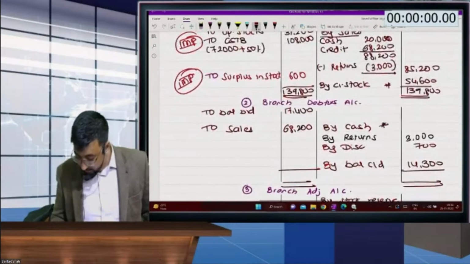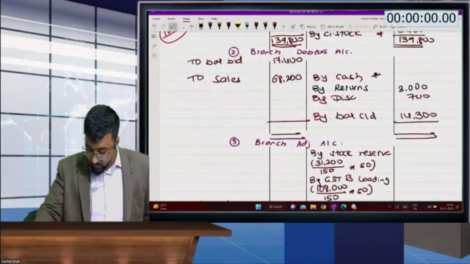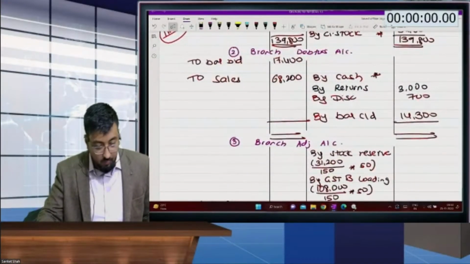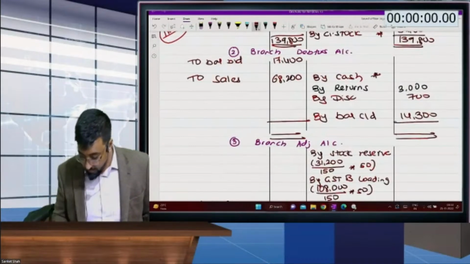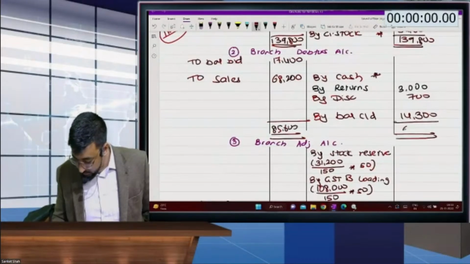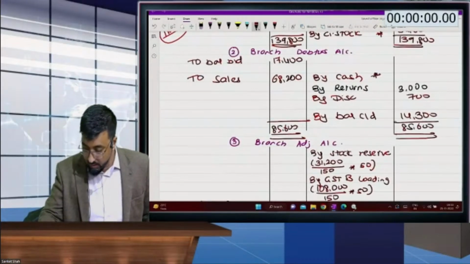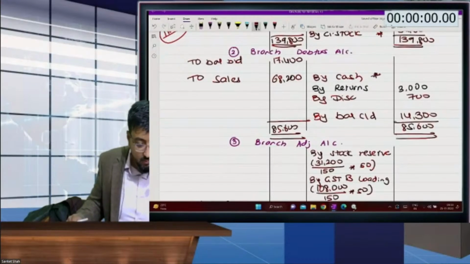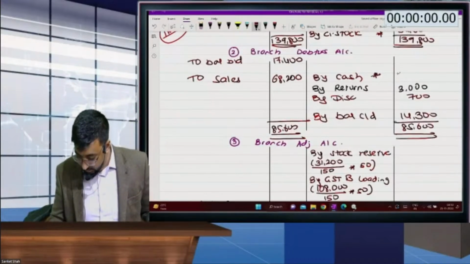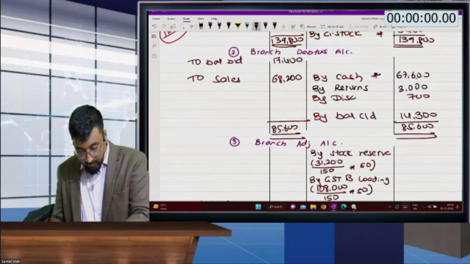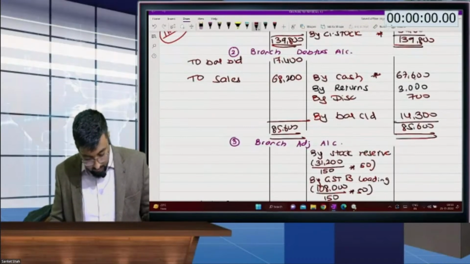Debtors' balancing figure 17.4, 85,600 minus 14.3, 67,600, it is equal.